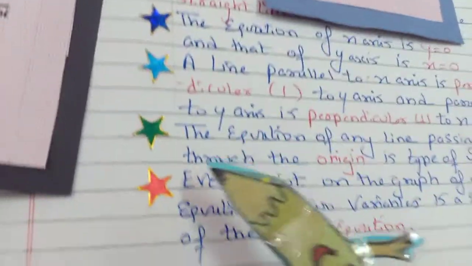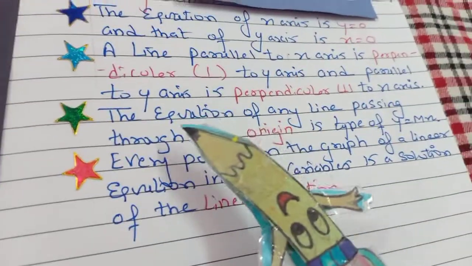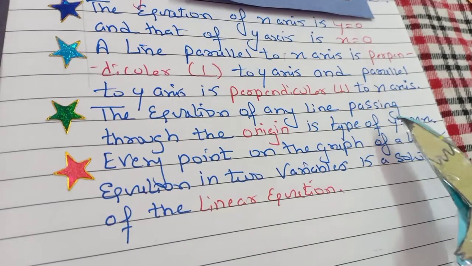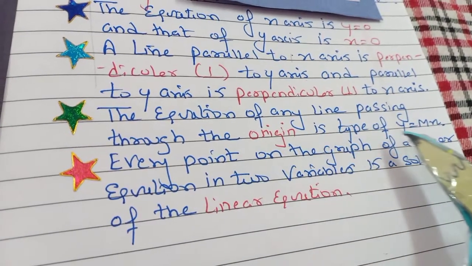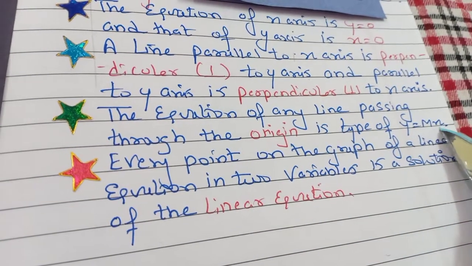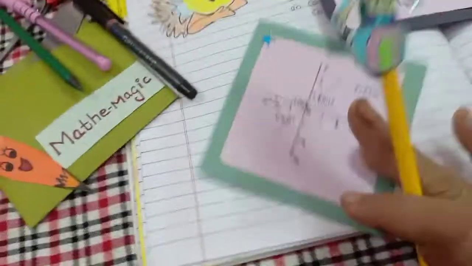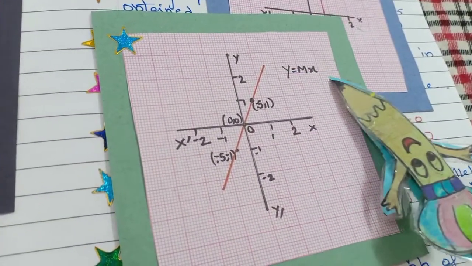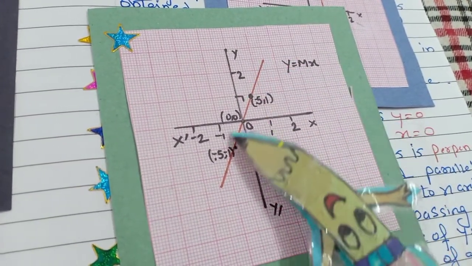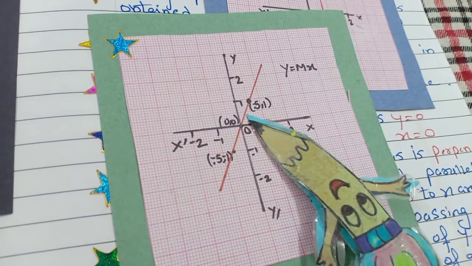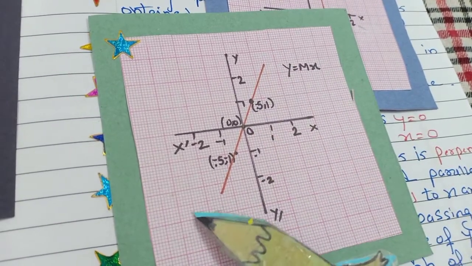Okay. Now the second-last point. The equation of any line passing through the origin is of the type y is equal to mx, where m is any real number. An equation in the form y is equal to mx always passes through the origin.